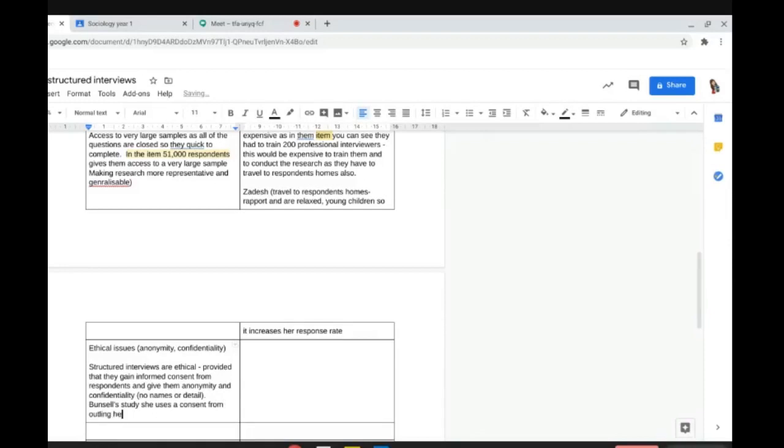She uses a consent form outlining her research and highlighting that she will use pseudonyms, gosh, the spelling, pseudonyms to protect the respondents' identities. Thank you, Google. So I'm going to highlight that one because I've used a study there.